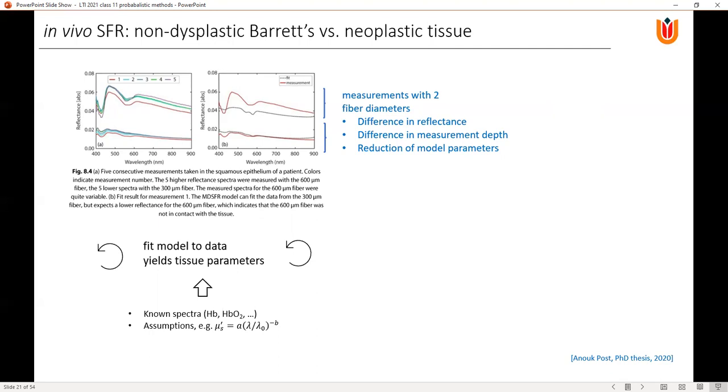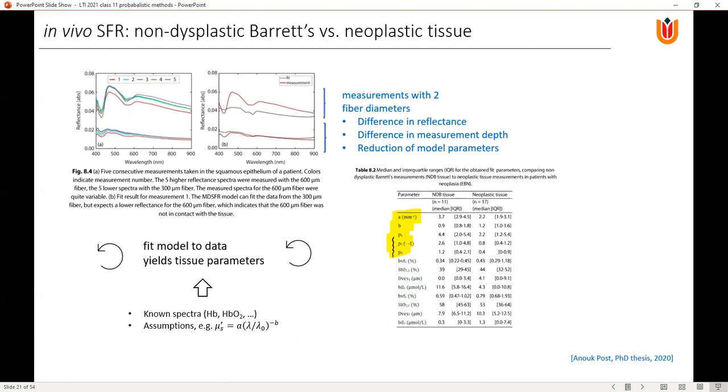You saw them all. And some assumptions. For example, that scattering decreases like a power law, lambda to the power minus b, with wavelength. That could be -4 for small particles, or something else for other particles. So there are some assumptions going in there, but the net result is that this model is hugely complicated.